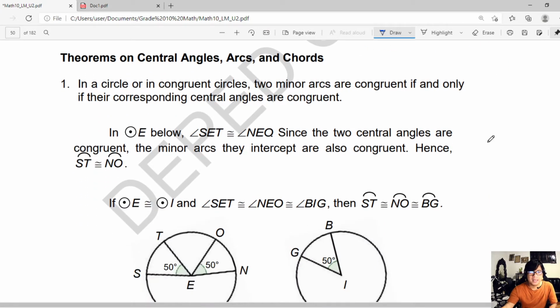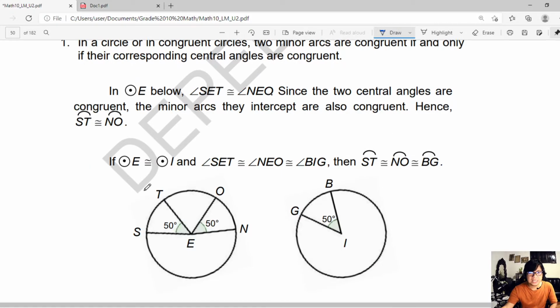Okay, number 1. In a circle or in congruent circles, two minor arcs are congruent if and only if their corresponding central angles are congruent. So in circle E, this one below, angle SET is congruent to angle NEO. Since the two central angles are congruent, the minor arcs they intercept are also congruent.